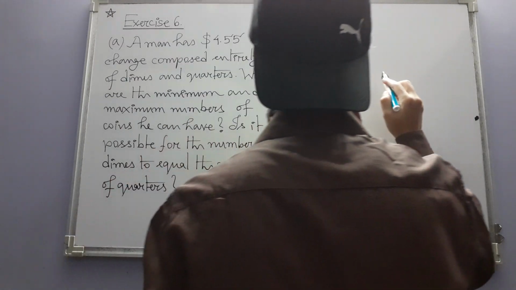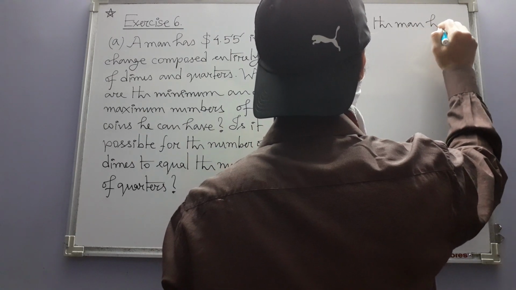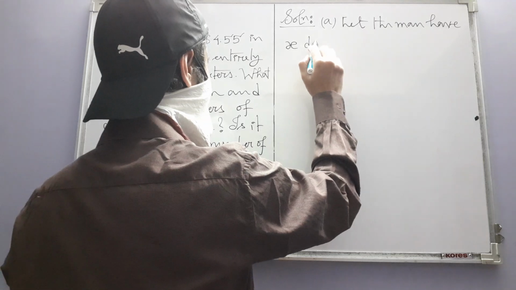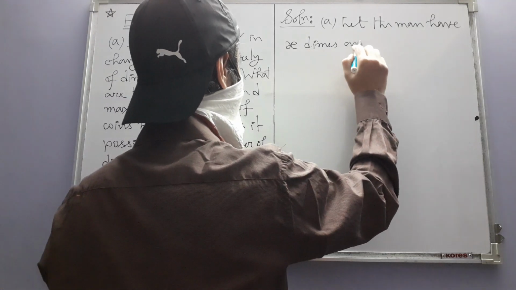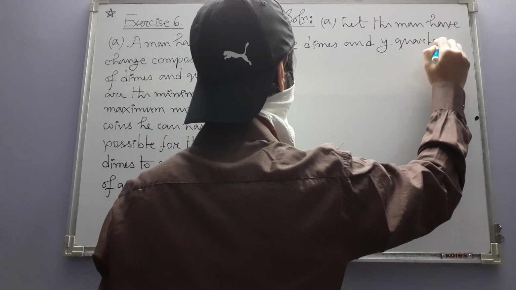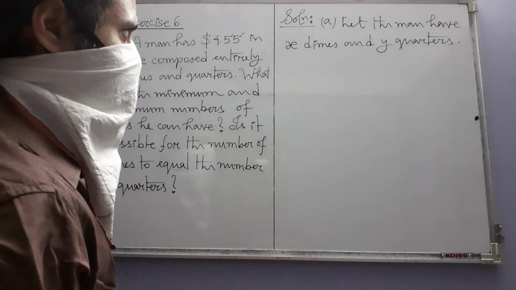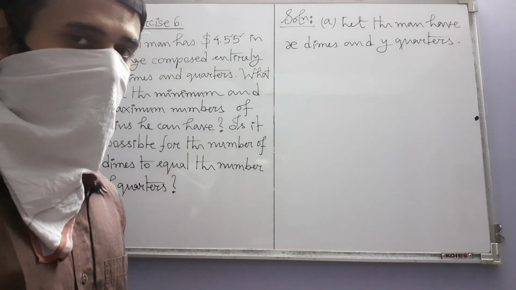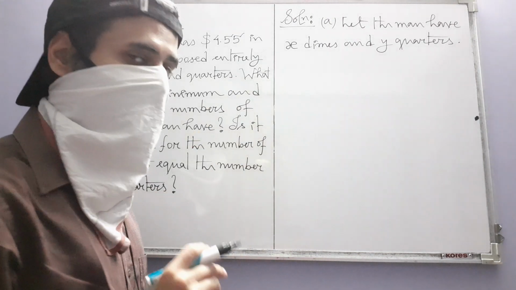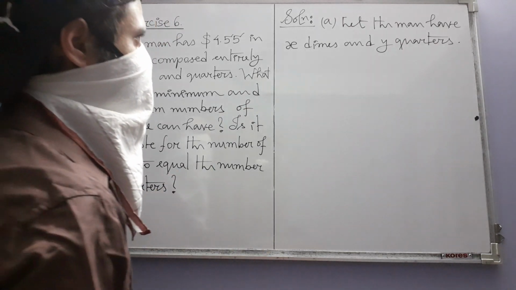Let the man have x dimes and y quarters. Now, if we convert everything into cents, then 10 cents is 1 dime and 25 cents is 1 quarter.